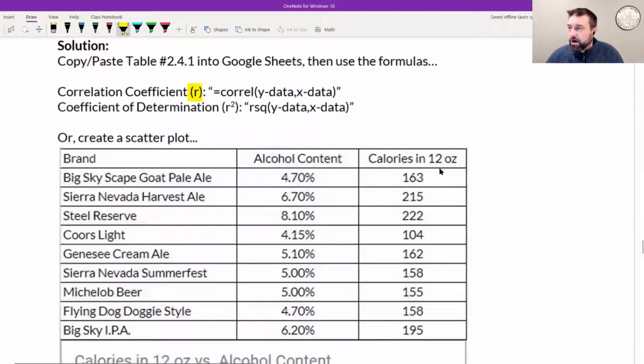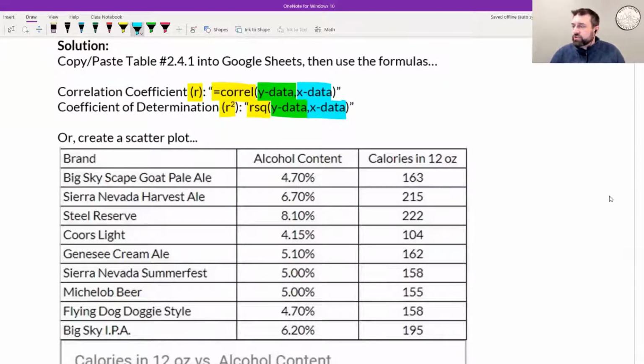To find R, the formula is equals CORREL, and once again, you put in your Y data first, then a comma, and then your X data. To find R squared, the formula is RSQ, and again, you put your Y data in first and then your X data.